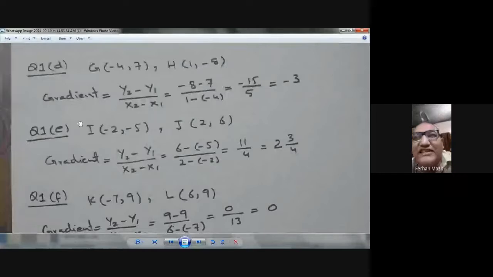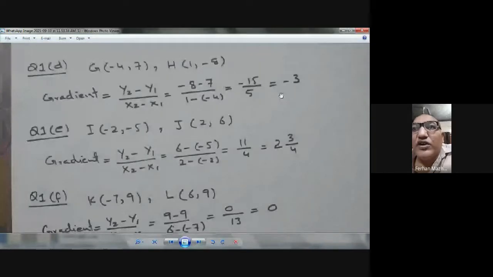So this thing is a little tricky, and you should be very careful about this, because here minus, bracket, negative 4 will become plus 4. So minus 8 minus 7 will give you minus 15, divided by 1 minus minus 4, that will be 1 plus 4, that will be 5. So minus 15 by 5 will give you minus 3.